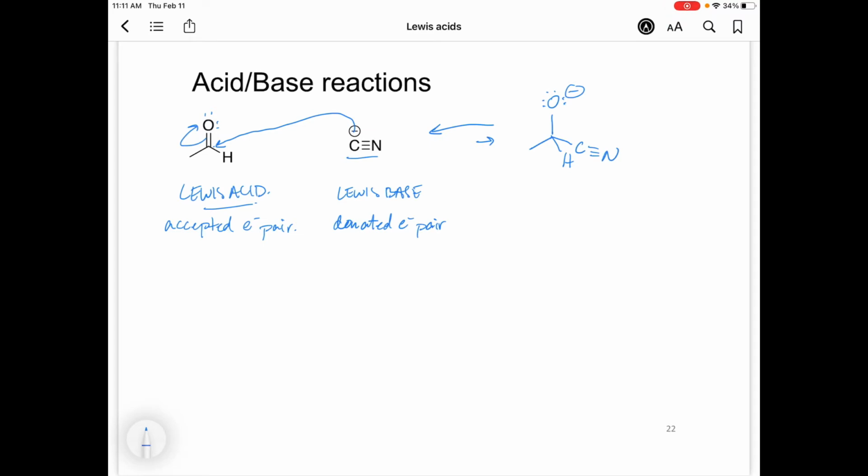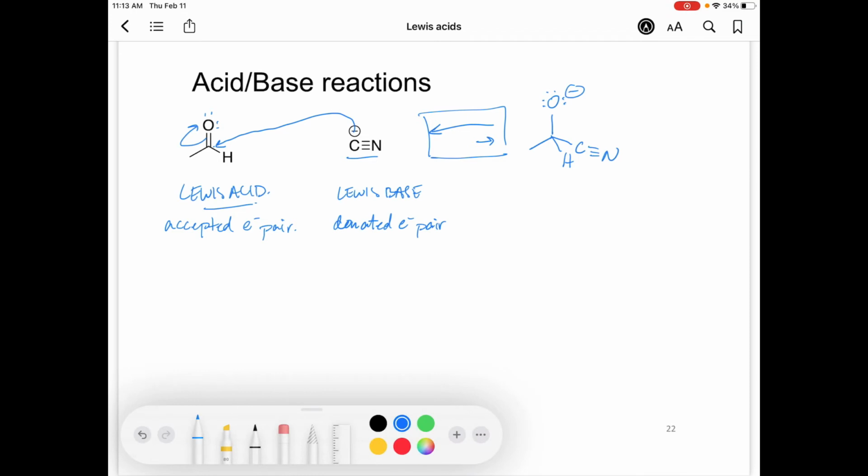Now, what I want us to focus on is how we can determine this reaction arrow. So when we look at Lewis acids and bases, they typically are not giving up a proton. However, pKa's can be used to describe whether or not a reaction is possible or could happen. And the way we want to do this is we want to look at the conjugate pKa, the pKa of its acid.